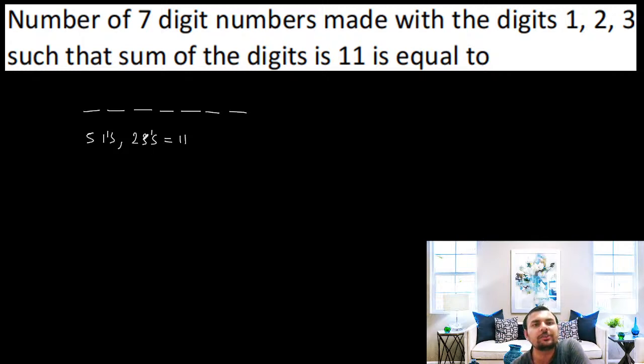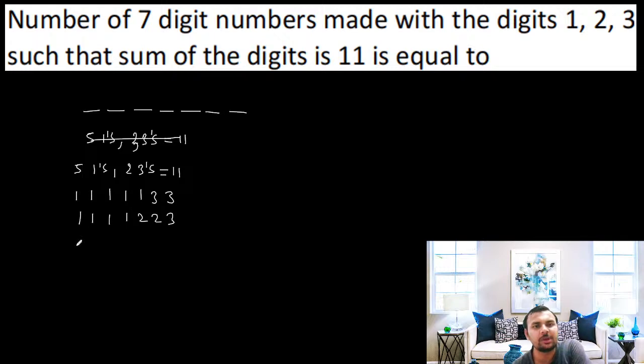No, that is wrong. 5 ones, 2 threes, okay? So this is going to be 11. Now from here onwards, we have 1, 1, 1, 1, 1, 3, 3. So we can shift 1 this side. It is 1, 1, 1, 1, 2, 2, 3.